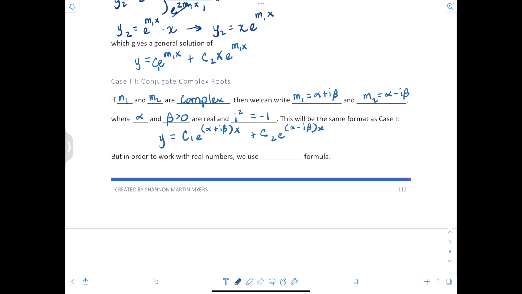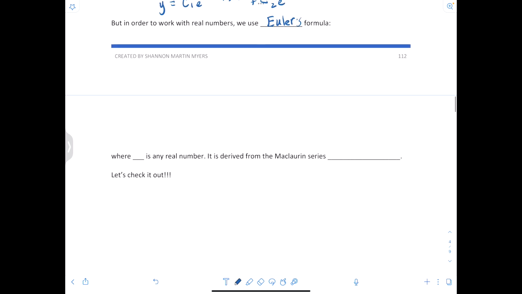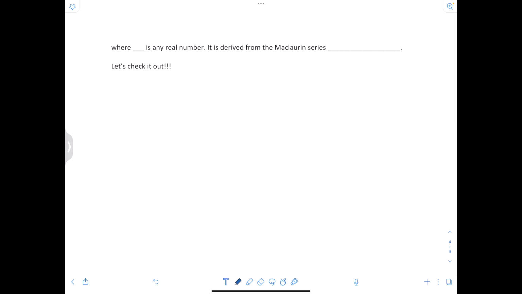Now, this is fine in form, but in order to work with real numbers instead of complex numbers, we're going to use Euler's formula. And it's a really cool trip down memory lane for Calc 2. So I thought it would be fun for you to see the derivation of this.